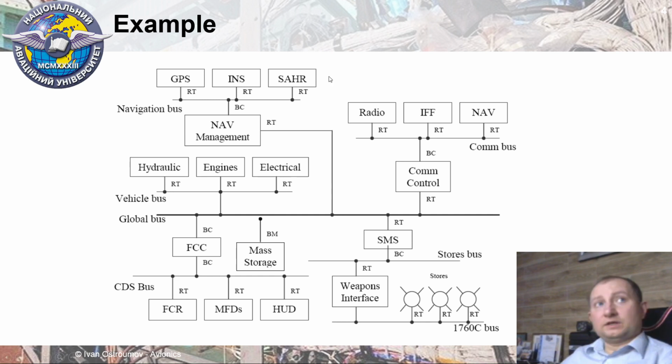As you can see, here we can specify a navigation group of equipment, a communication federation, a vehicle control federation, probably an electronic flight instrument system federation, and for example some military or weapons guidance network.